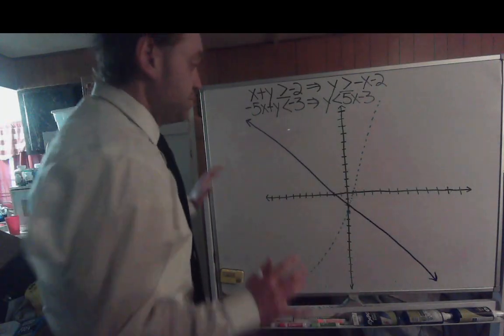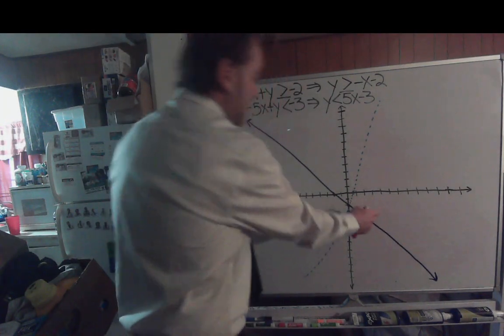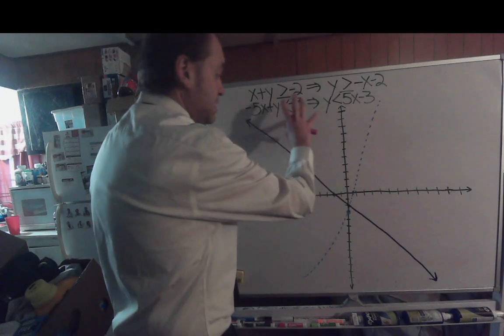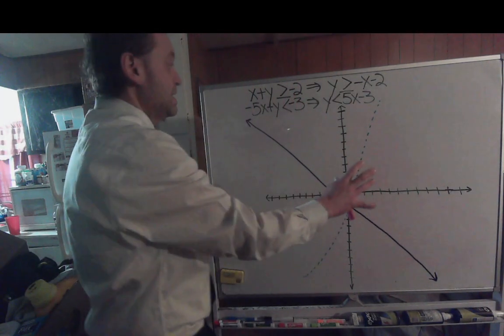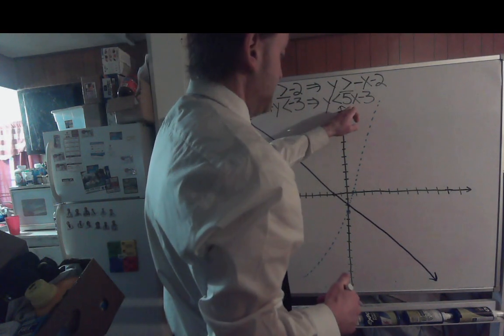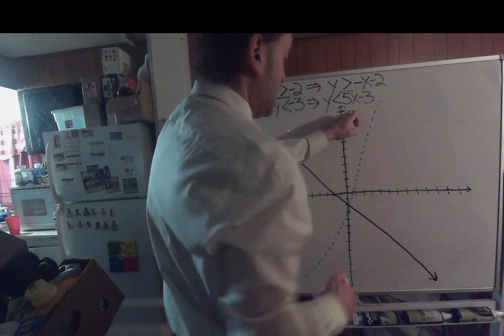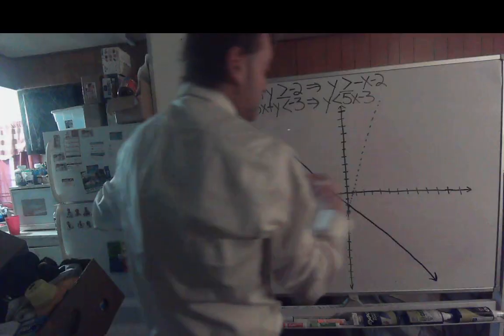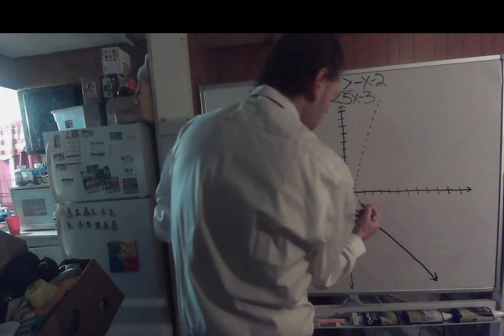Alright, so y is greater than or equal to negative x minus 2. So that's going to be above the purple line here. That'll be above it. So we got that piece. Now we have to also graph where y is less than 5x minus 3, which would be below the line here. It'd be below the blue line and above the purple line.